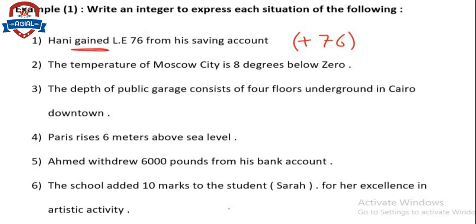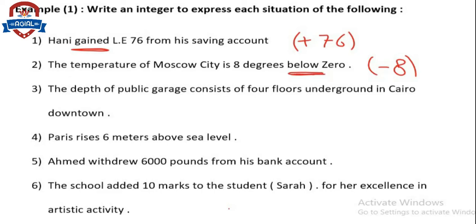Number 2, the temperature of Moscow City is 8 degrees below zero. And now the answer is negative 8. Why? Because the temperature of Moscow City is 8 degrees below zero.